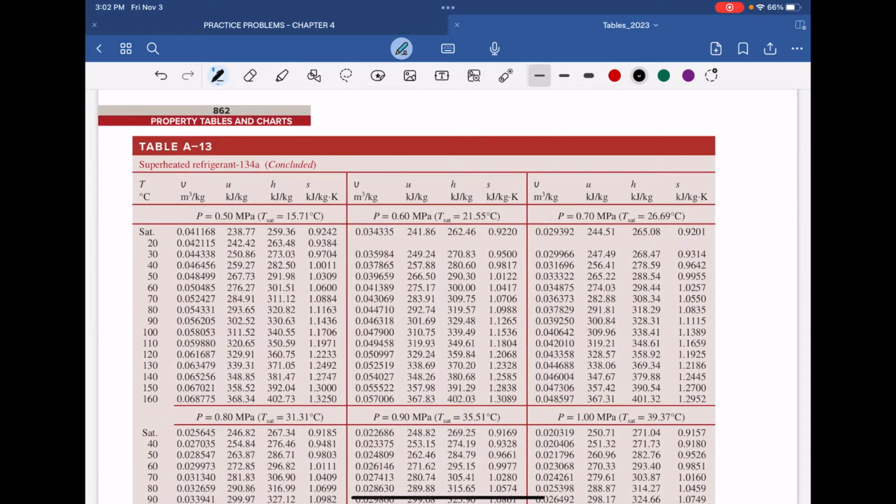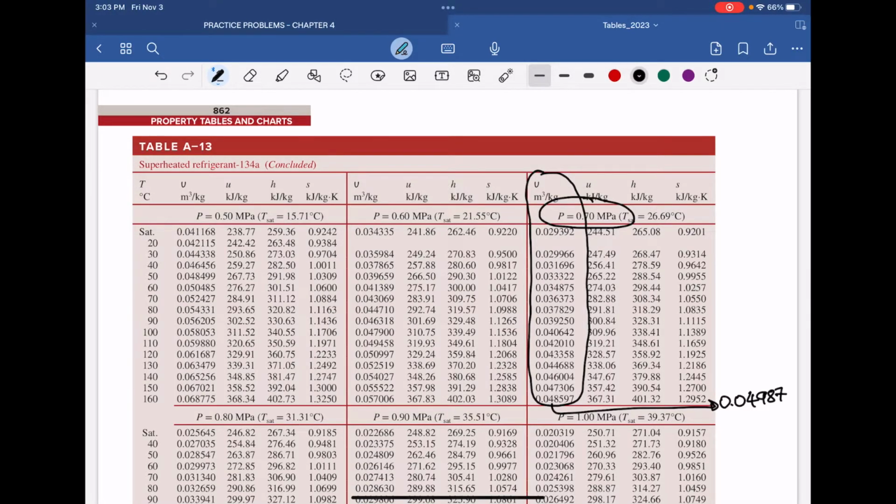Okay, at 0.7 for refrigerant, they're asking us to find the specific internal energy for the corresponding specific volume of 0.049. Okay, so I look at this. 0.049 is something outside of what is given as data in the table.